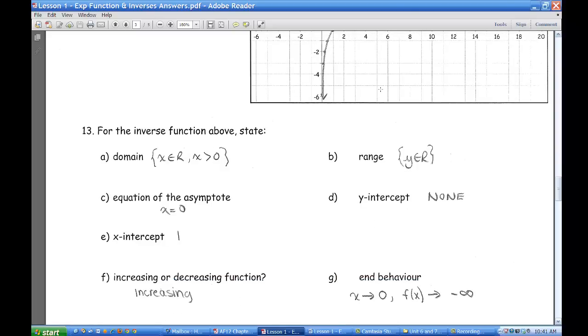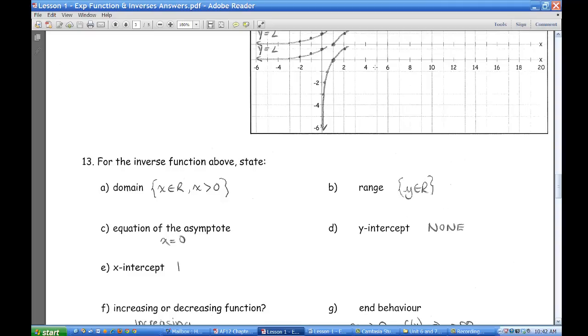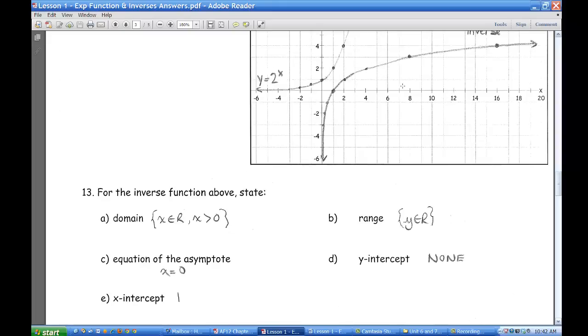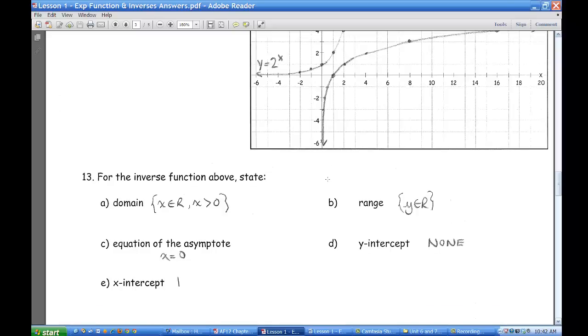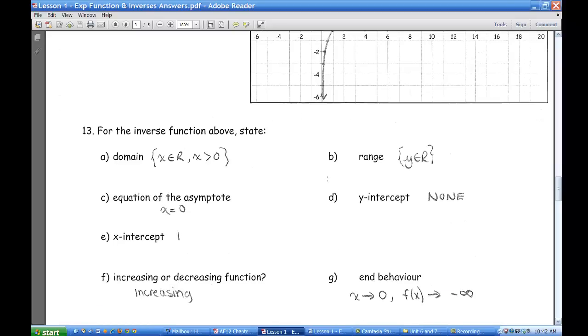The function is increasing and goes up from left to right. And then behavior as x approaches 0, so as x values approach your y-axis, then y becomes greater in the negative direction. So y approaches negative infinity.